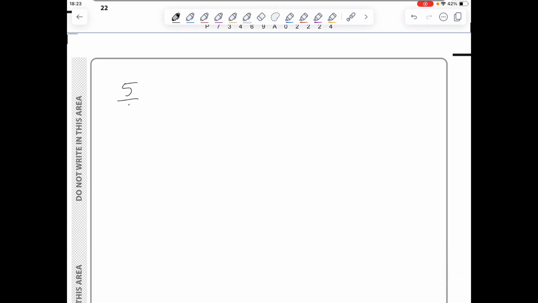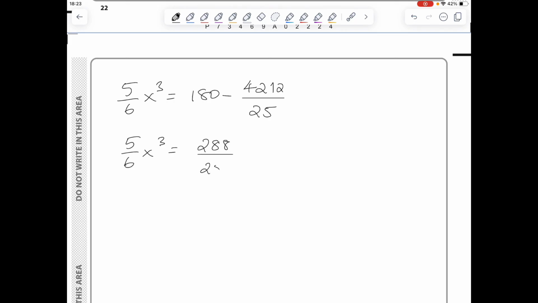So 5 over 6 x cubed is equal to 180 minus 4,212 over 25. Put that on the calculator and you'll get 288 over 25.